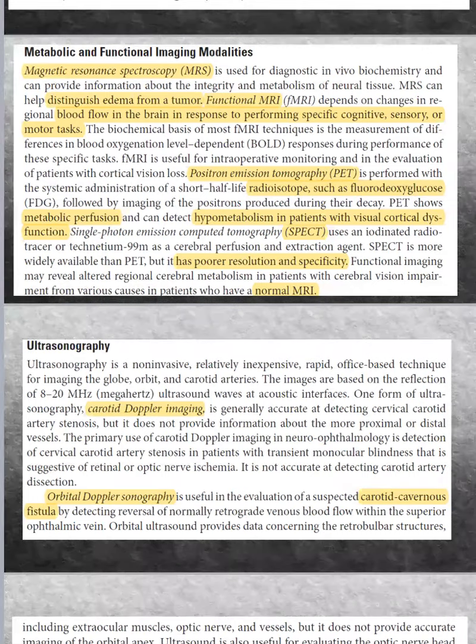You can have the PET scan, and this is also for metabolic disorders, and the SPECT, but this has poor resolution. This is not important, but we can depend on them if we just have a normal MRI and we don't have any clue.